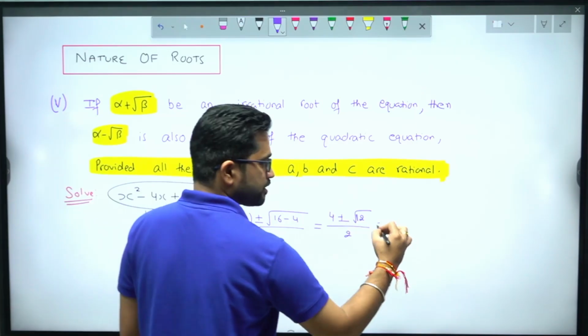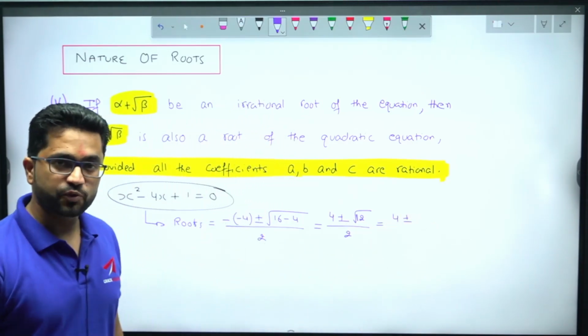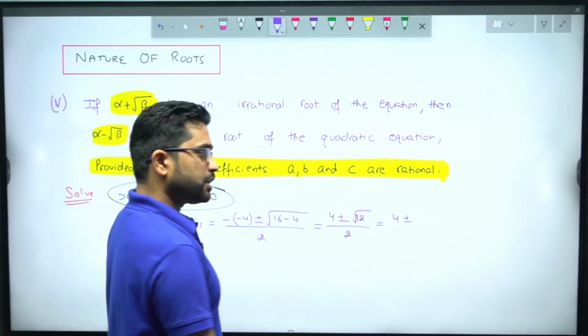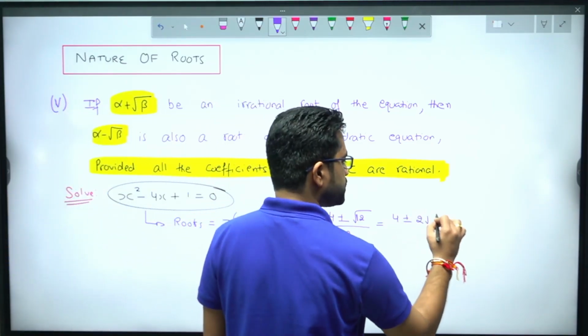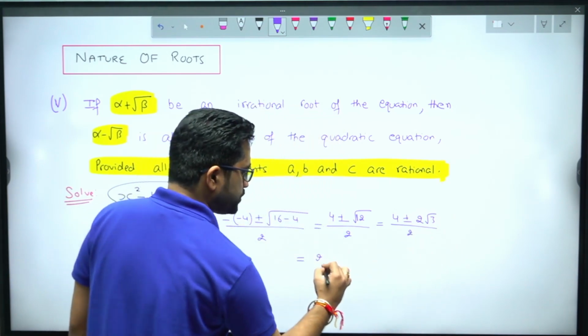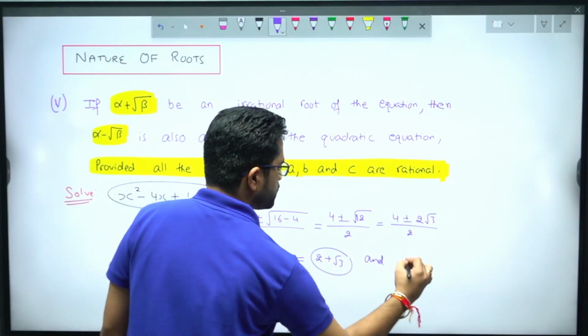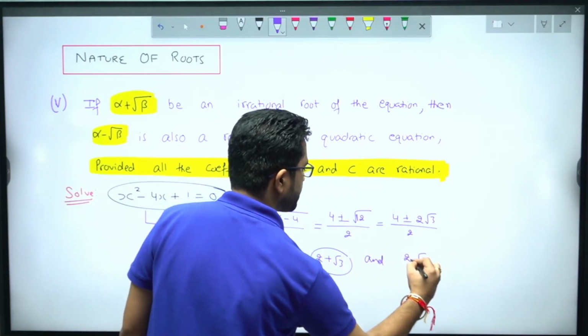Root 12 can be written as root of 4 into 3, which is 2 root 3, over 2. So finally the roots come out to be 2 plus root 3 and 2 minus root 3.